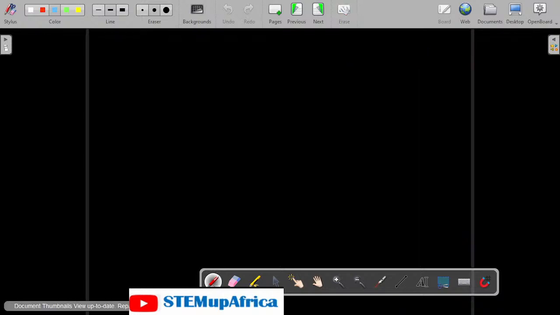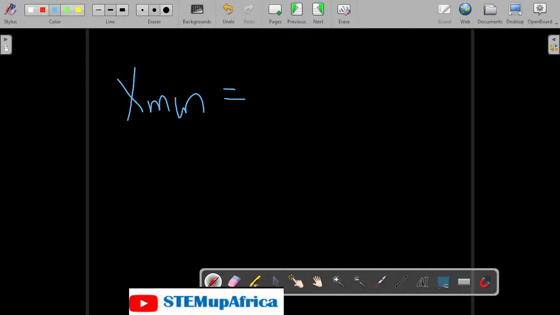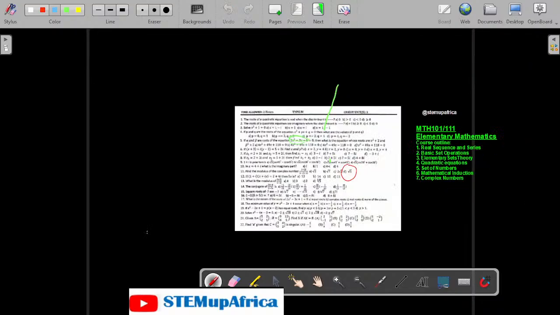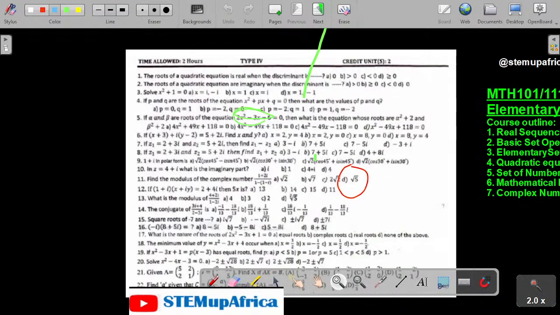The minimum of x is x minimum, which is minus b over 2a. That is the formula for x minimum. So my b is 3 and my a is 1.